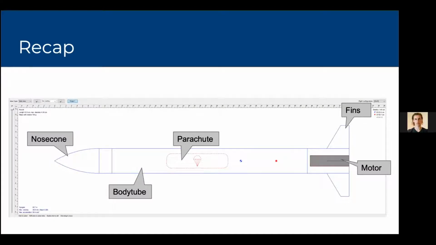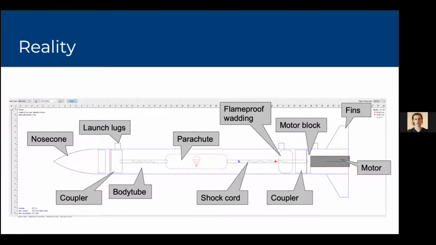And then the next slide is a bit more of the realities of what you have to actually design into your rocket. So I'll quickly run through what you're looking at here, all the different things you have to consider. You have to consider how your rocket is actually going to be joined together. That's the couplers. You can see basically it's a smaller diameter that slides into the body tube.